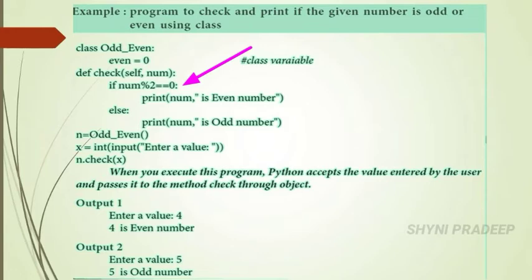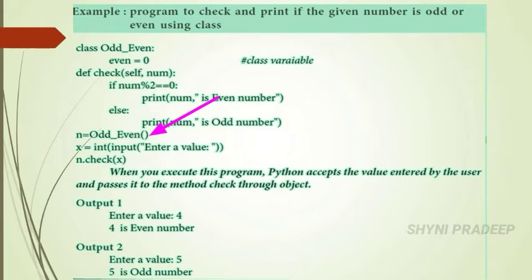Which means you have to find out the remainder value and check the condition. If that condition is true, then you have to print num value, okay, which means that number is even number. Otherwise, if that condition is false, you have to execute the else part, which means the number is odd number, okay. Next, creating object. Here n is the object, is equal to odd even function name, next parenthesis.